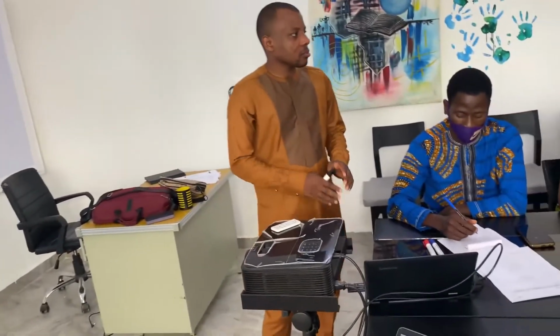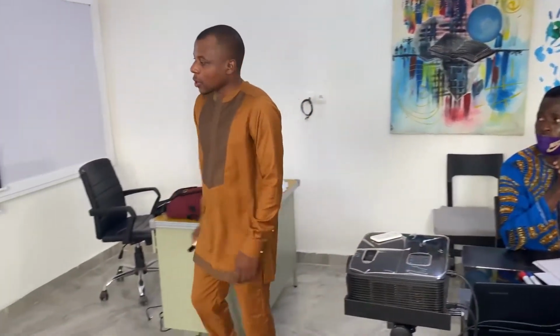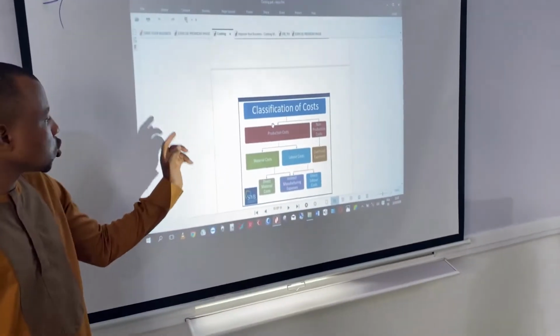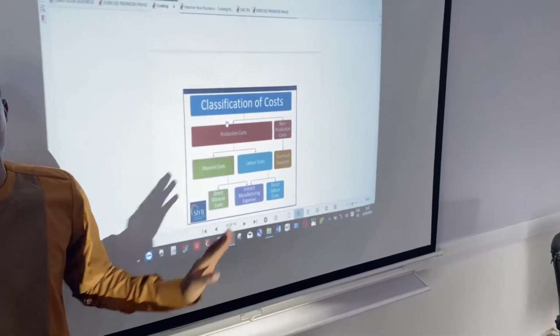Let's discover the types of cost you need to calculate in your business when it comes to multiple products. For the classification of the cost, you have production cost and non-production cost.